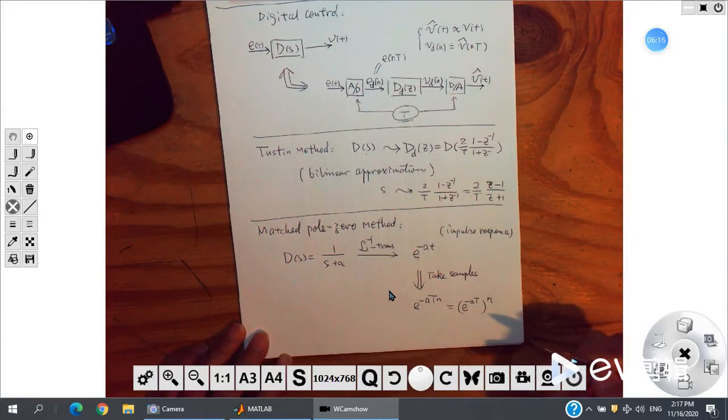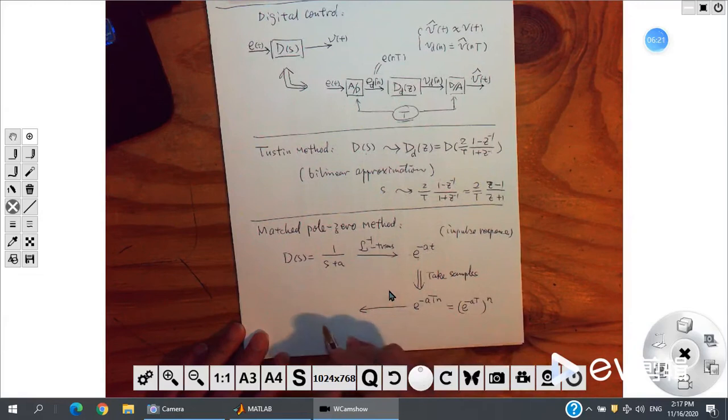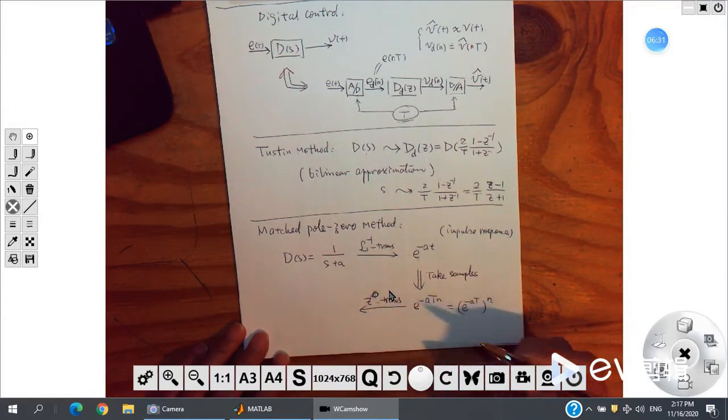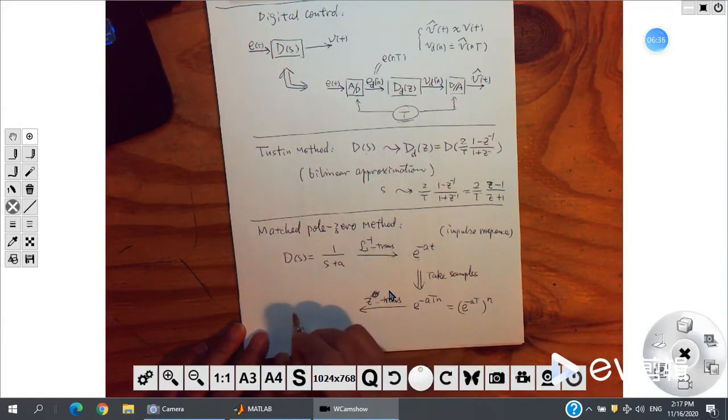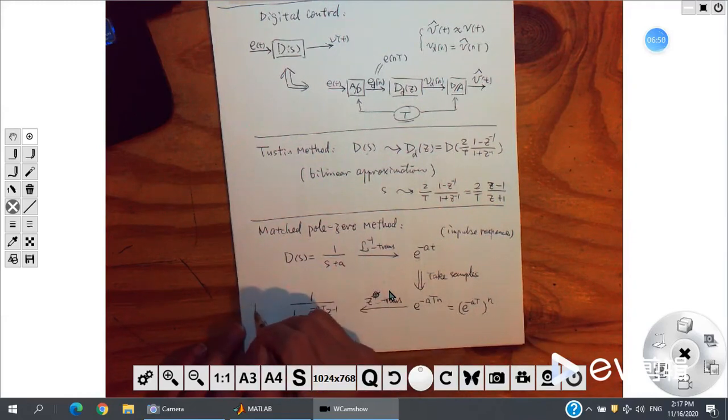Then we go back to the transfer function, but this is the discrete time case, so I do the Z transform in this direction. By the Z transform, this gives us 1 over 1 minus e to the negative a T Z to the negative 1. Okay, this is D of Z.